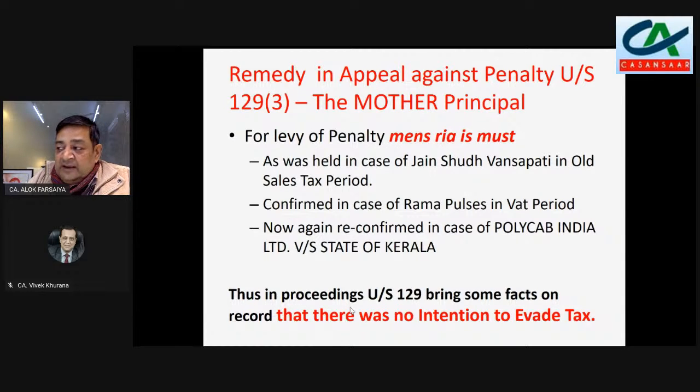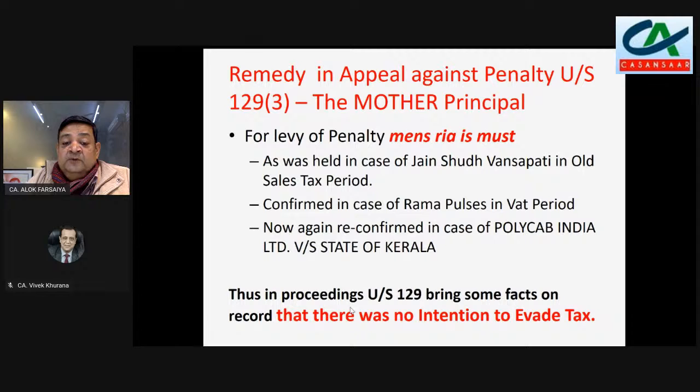If we are able to bring such evidence in proceedings under section 129 before the mobile officers, then at the appeal stage we are 100% going to get the relief, and we are going to get the refund of the penalties or security deposit that we deposited.